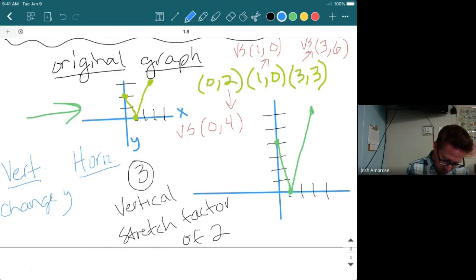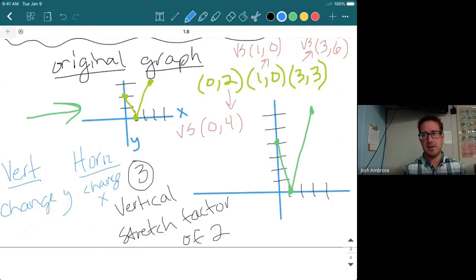We are only changing x for that part. Sorry, I know it's kind of crunched in, but vertical stretch or vertical compression, you're only changing y. A horizontal stretch or horizontal compression, you're only changing x.